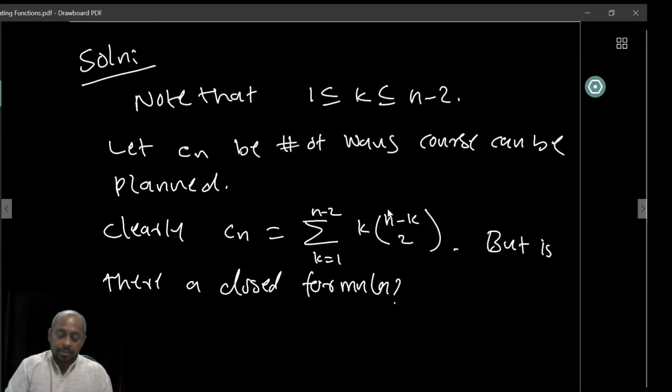So k times (n minus k choose 2) possible ways you can do this, and k ranges from 1 to n minus 2 as we said, and therefore you have all these possibilities. So therefore Cn is precisely this.